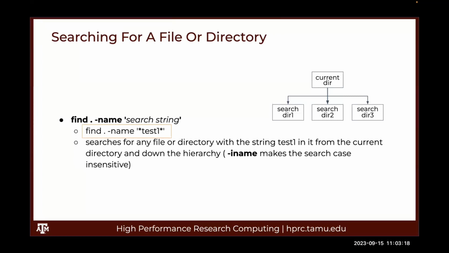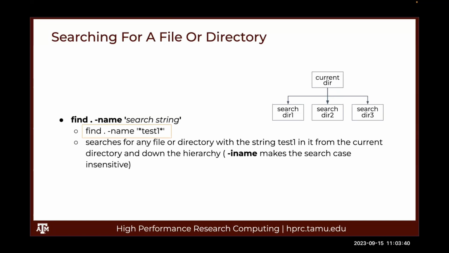Another thing that's useful is the find command, which allows you to look for a specific file or directory. The first thing you do after find is provide where you want to search. So we're searching within the current directory, specified with that relative path, the period.